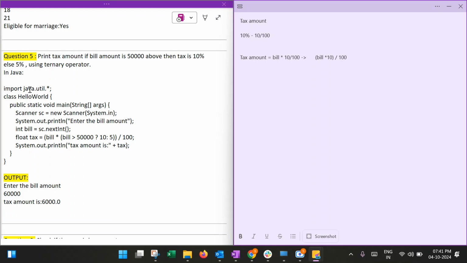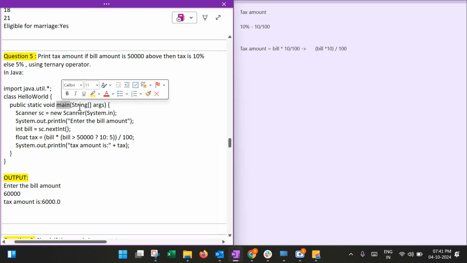As usual, we are importing the util package. Hello world is the class name, and main is the default function along with the command line argument, and Scanner sc equal to new Scanner of System.in. Okay, so we are using this Scanner class for taking the values from the console, and we are creating sc as an object of the Scanner class.